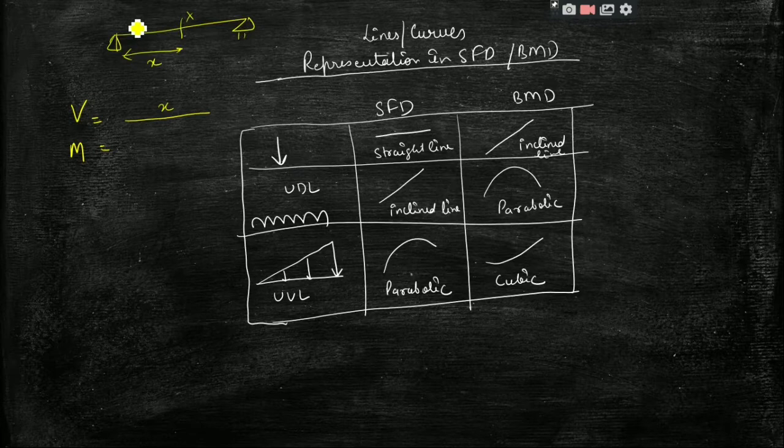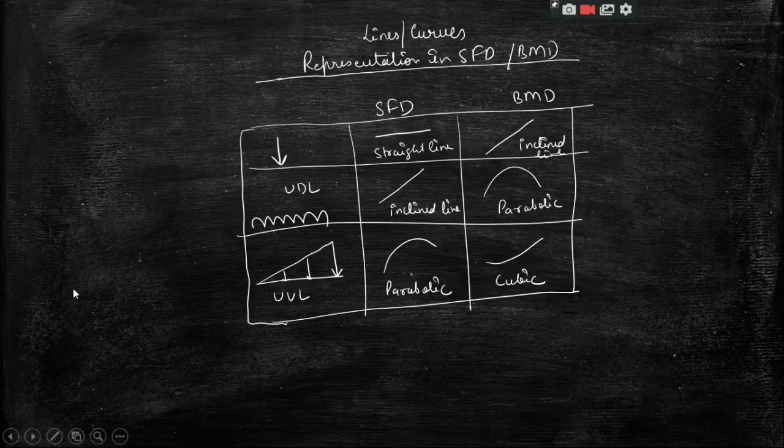The equation will come either in the form of x, or in terms of a constant, or x square, or sometimes x cube also. Depending on the nature of the equation, we draw the corresponding lines and curves.